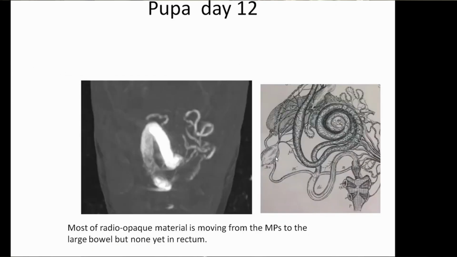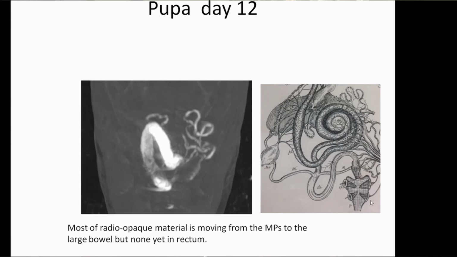So here we are then, these are the Malpighian tubules, and this area here is the intestine, the large intestine, but it has not yet passed into the rectum that has these very characteristic anal papillae.